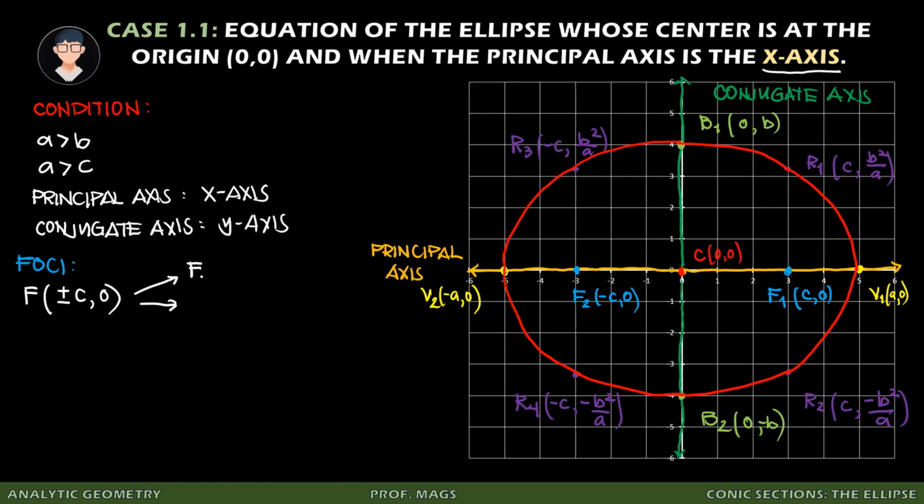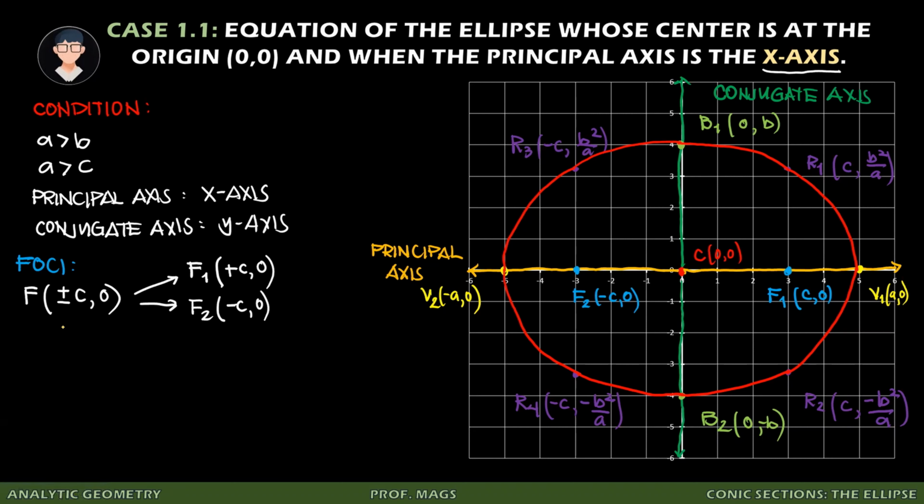F sub 1 is focus number 1, which is singular. We take the positive, so we write positive c and 0. F sub 2 is the negative part here, so negative c and 0. Those are the coordinates of our focus number 1 and focus number 2.